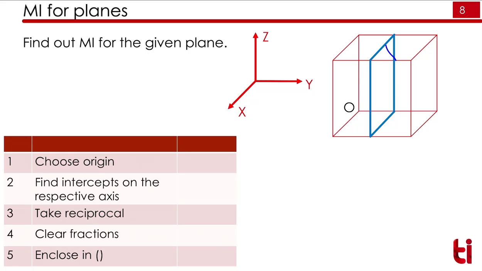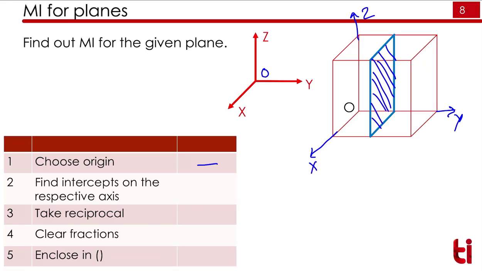Again, last example, the plane is given here, that is in the center of the unit cell, and you have to find out the Miller indices. First, choose origin, that is chosen. This is x-axis, this is y-axis, and this is z-axis. Then you have to find out intercept.